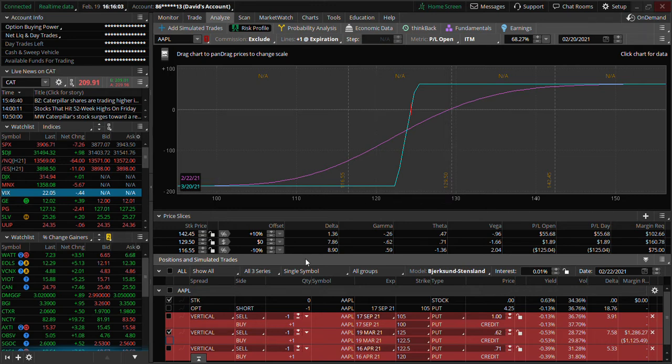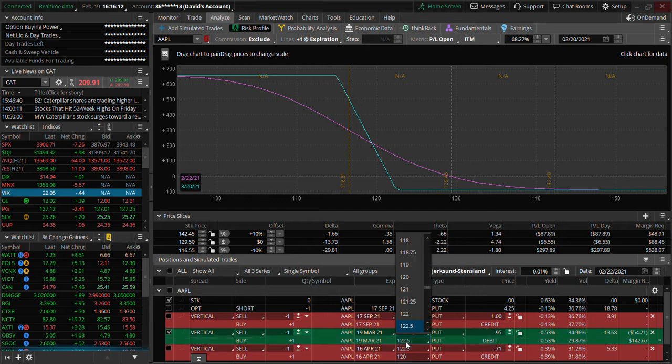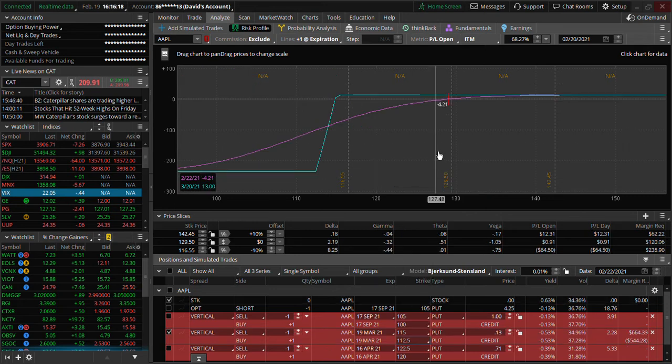And if you pushed it further out, say you went to 115 and 112 and a half, okay, your odds of winning on this trade are great. You'll collect $13 and your risk is 237 in this example.